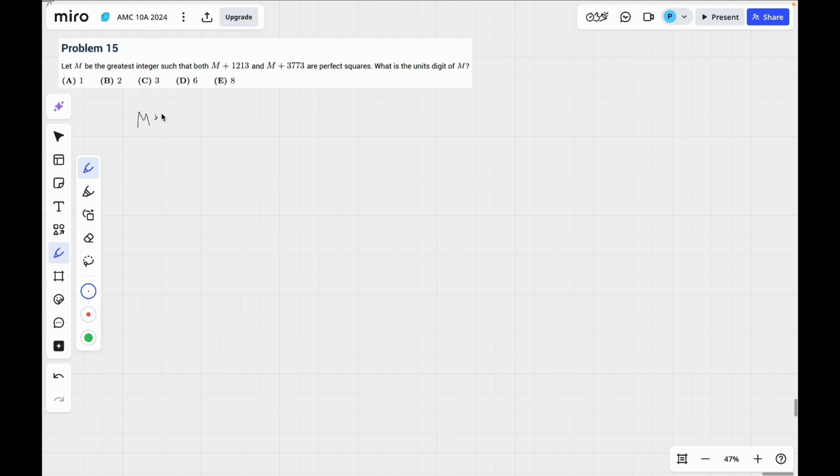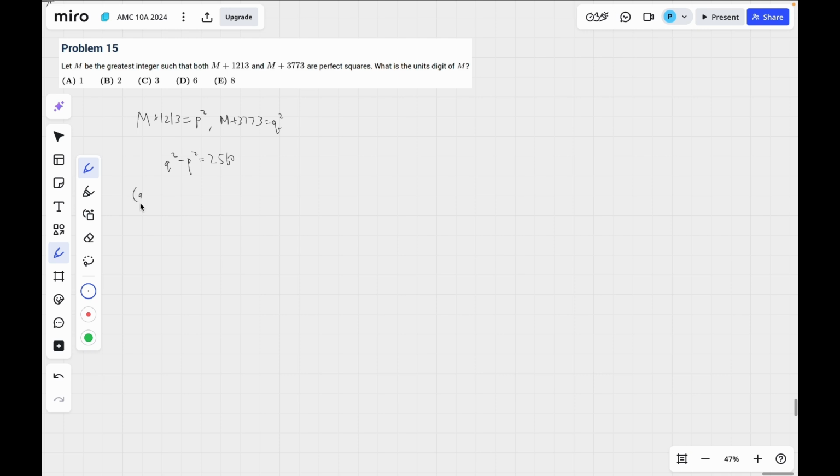Let's set m plus 1213 as equal to p squared, and m plus 3,773 as q squared. Now if we subtract these to get rid of the m, we get q squared minus p squared is 2560.